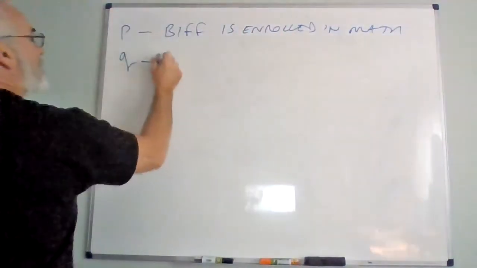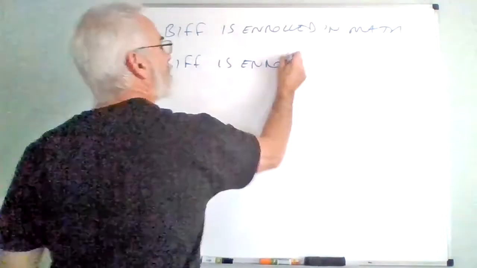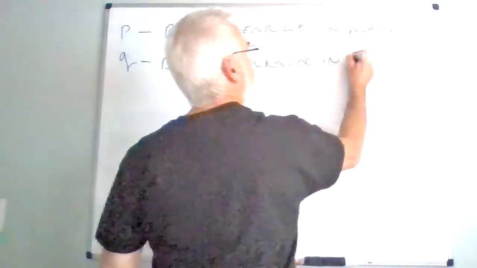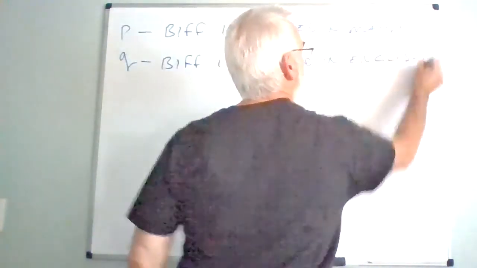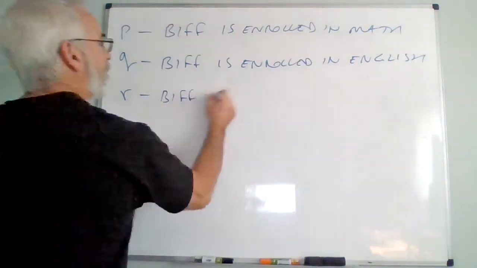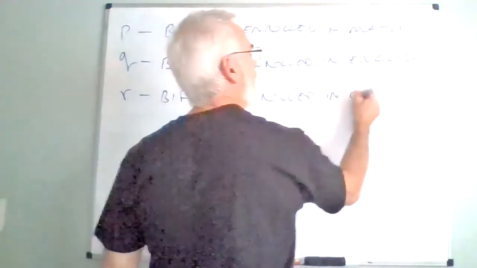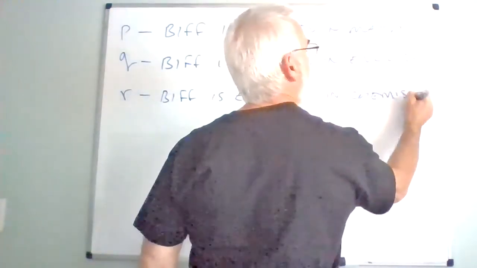Statement Q, Biff is enrolled in English. And statement R, Biff is enrolled in chemistry. All right. So I have three statements.